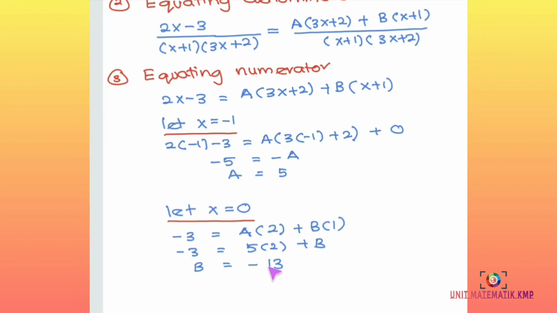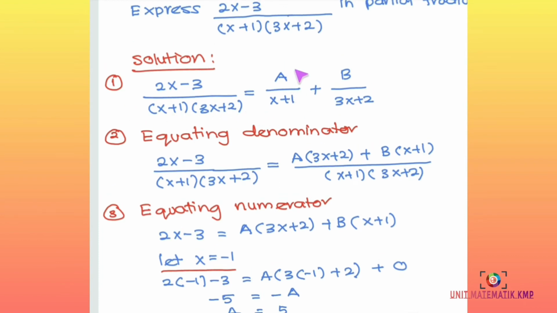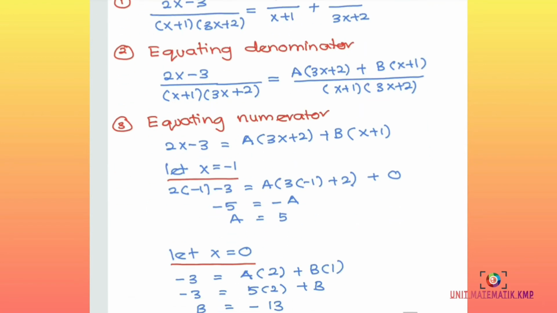From here we need to rewrite back. Substitute back the values of A and B into the partial fractions. Step number 1 we already did before. With the values of A and B, we find the final answer.